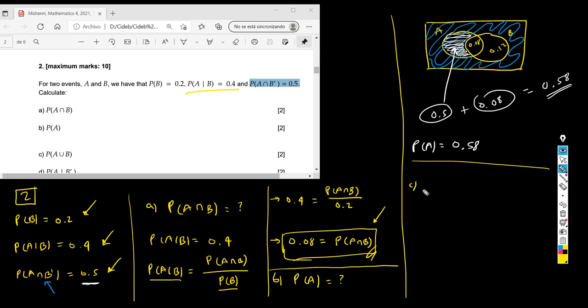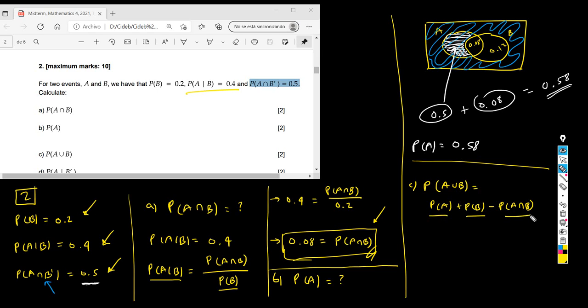C, the probability of A union B. Okay, so I know that this is equal by formula, and this formula is completely general. This is always true, always, no matter what type of relationship A and B have. So do I have this? Yes, I just calculated this value. Do I have this? Yes.